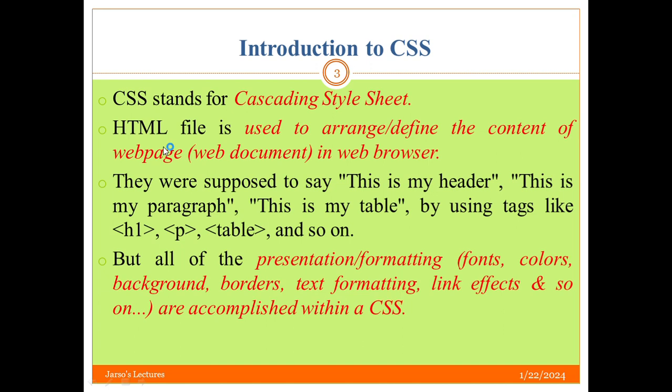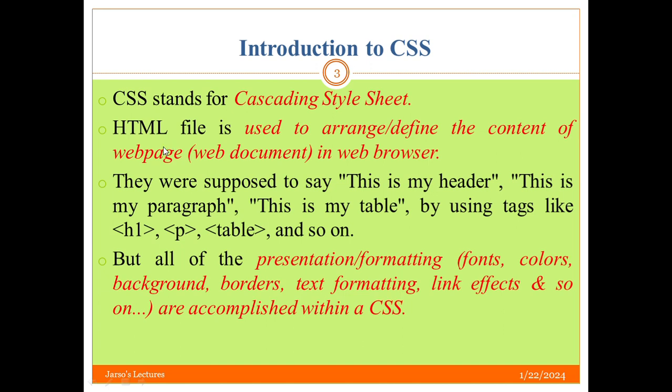Those elements can be a header element, image element, video element, audio element, table, hypertext or hyperlink, or list. Each of the HTML elements is defined by what? By an HTML tag. This is what can be done by HTML.